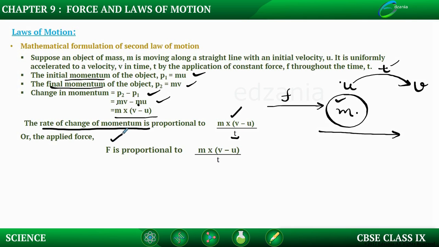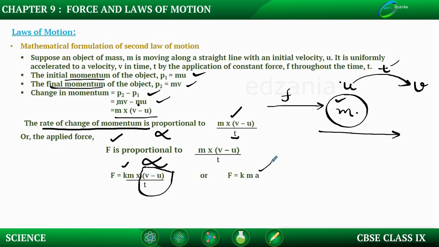If we remove this proportional sign by introducing a constant, then we will get F is equal to K into m into (v minus u) upon t. If you remember, this portion (v minus u) upon t is acceleration. It is the formula for acceleration. So we will replace (v minus u) upon t with a, that is acceleration.